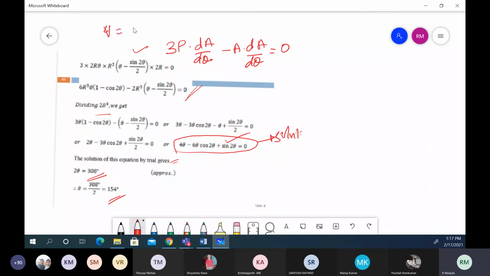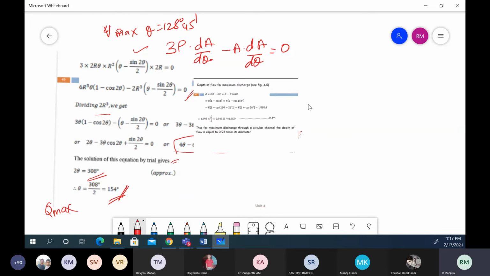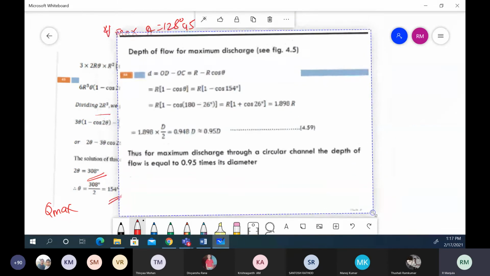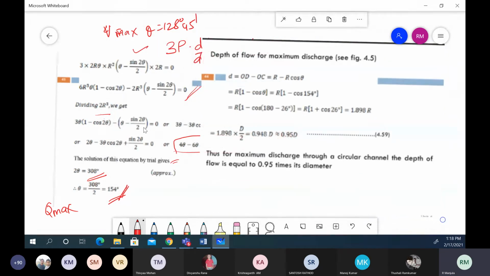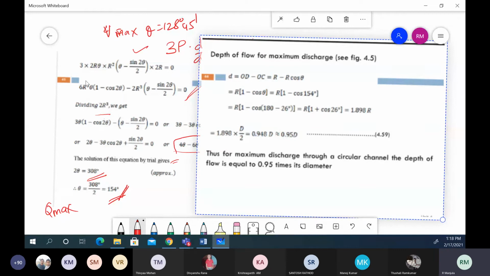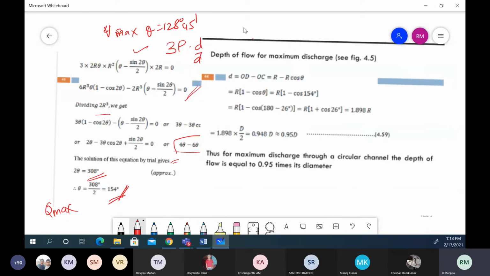For maximum velocity, your theta is 128 degrees 45 minutes. For maximum discharge, your theta is 154 degrees. You can see the difference. And what could be the depth of flow? The depth of flow is again d equal to OD minus OC, which is nothing but r minus r cos theta, r into 1 minus cos theta.